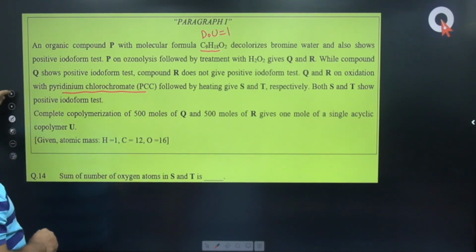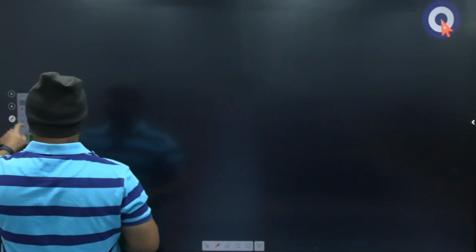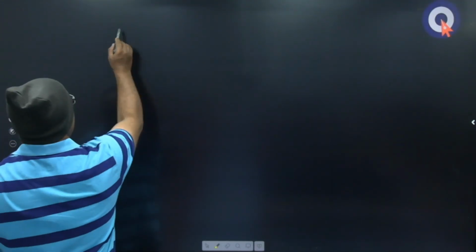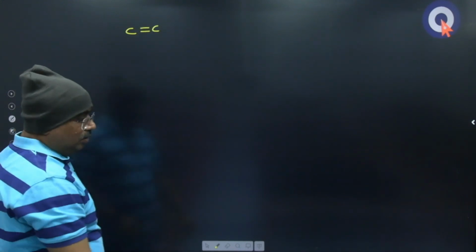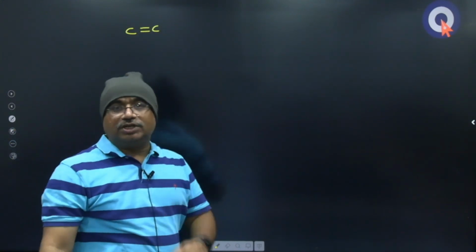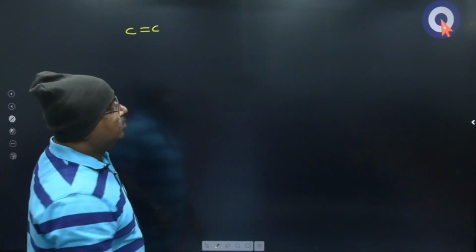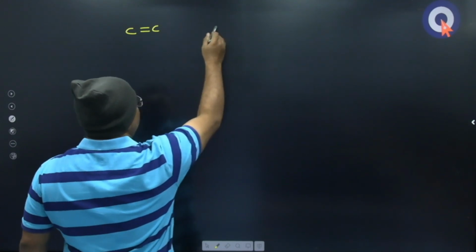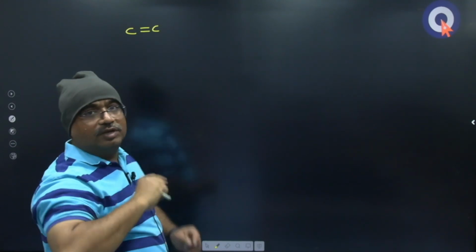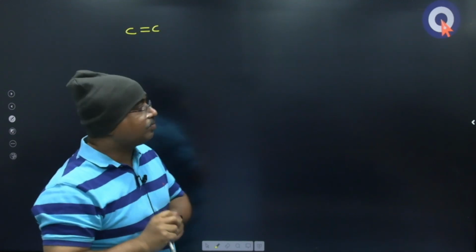So the basic approach with this is, you may have, let us say, a compound C double bond C. Then he is saying the initial compound itself is giving the iodoform test. That means there may be a CH3 at the end, and because the PCC reaction exists, there is an OH group in the compound itself.